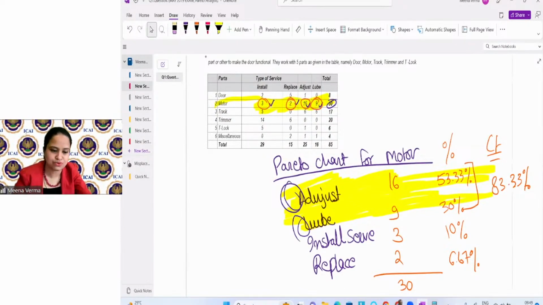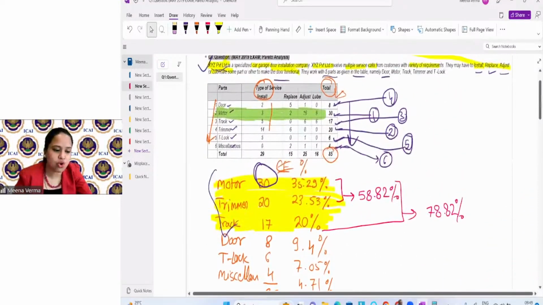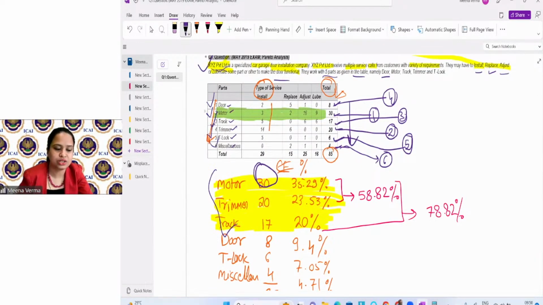So you can see in this way the company can set their priorities. The company is dealing with all such products: door, motor, tracking system, trimmer, T-lock system, miscellaneous. The company is providing all these services. Out of all these, the most important service is motor. And out of all the services related to motor, the most important service is adjustment.